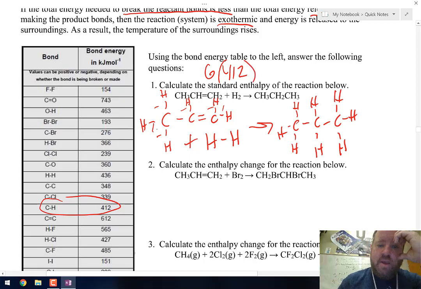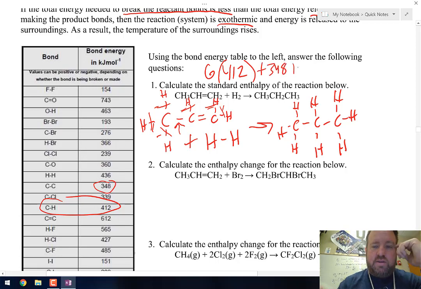Then I count a carbon-carbon single bond right there. It looks like that one is 348. And then here's a carbon-carbon double bond, which is 612. And then we have a hydrogen-hydrogen single bond that is 436.